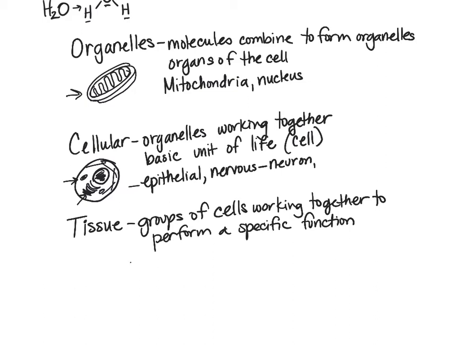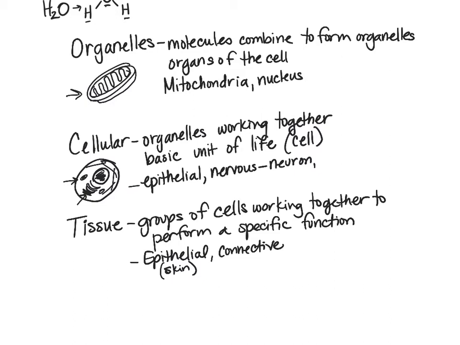Some examples of tissue would be epithelial tissue, which, for example, would be like the skin, like I mentioned earlier. In our skin, we don't have one individual cell. We have lots of cells working together to form a tissue that makes up part of our skin. Another example would be connective tissue. We have various types of connective tissue in our body.